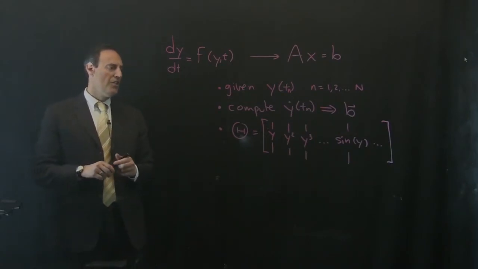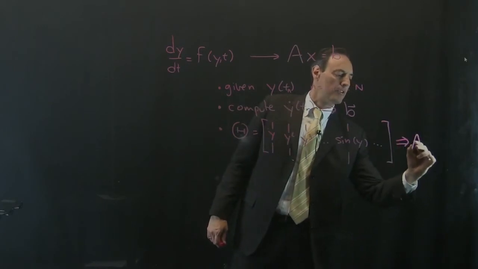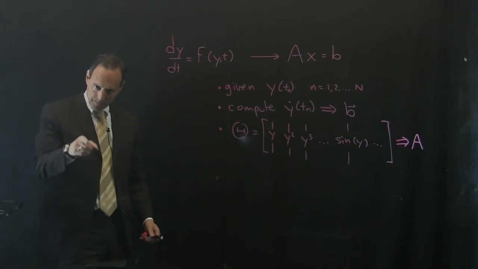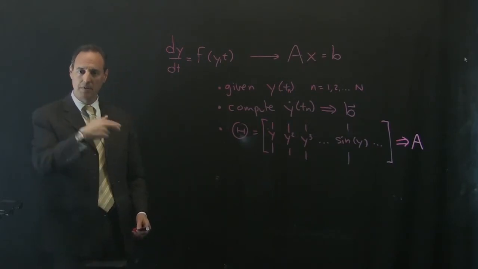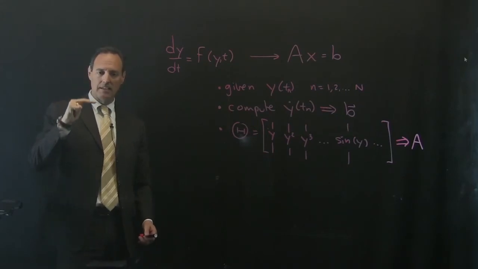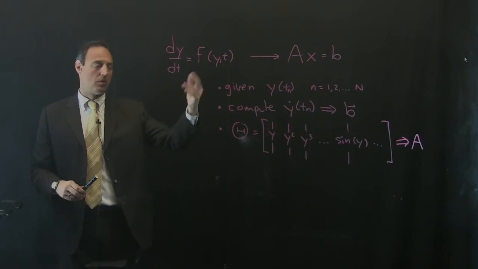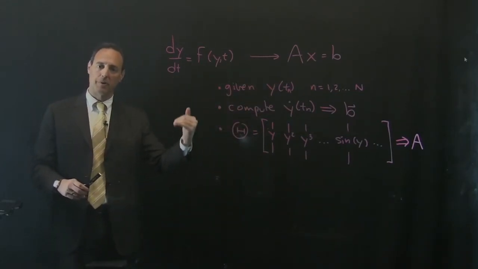Okay? This is going to be my matrix A. So each column is a distinct potential right-hand side term, and each row is a time snapshot. So row 1 is at time n equals 1. Row 2 is at time n equals 2. Time n equals 3, all the way down.